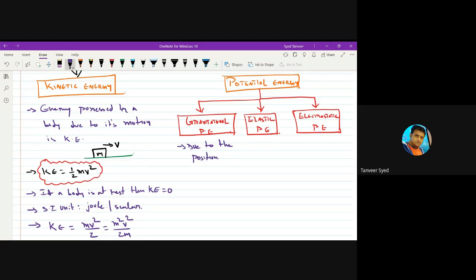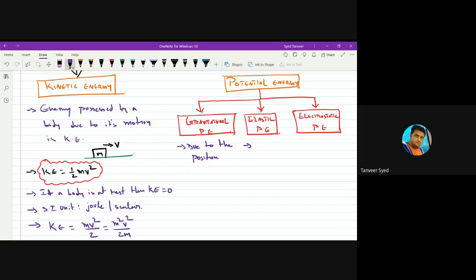If a body is present on the surface of Earth, another body is present at a height of 10 meters, another body at a height of 100 meters, then depending on the position of the body with respect to the surface of Earth, bodies can have gravitational potential energy.